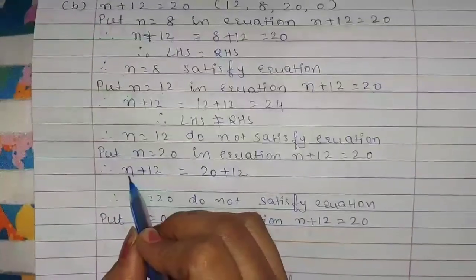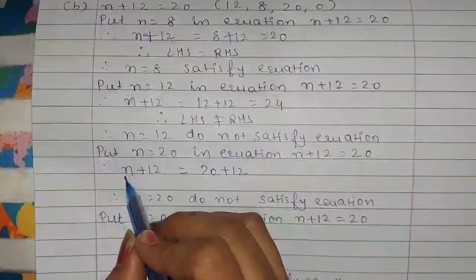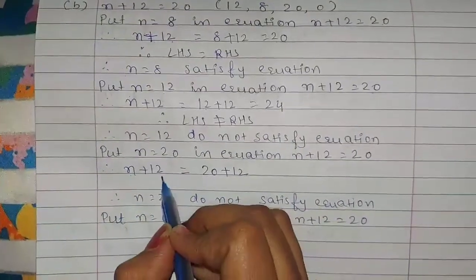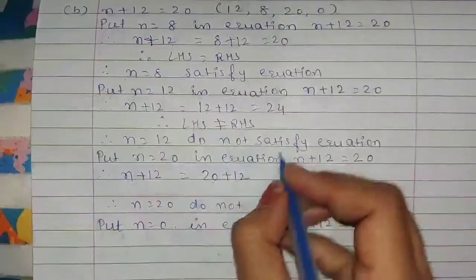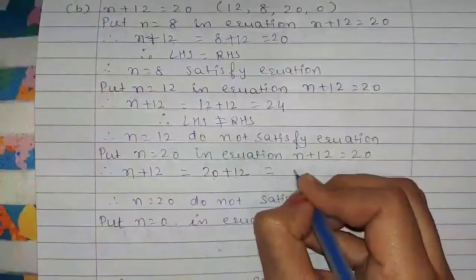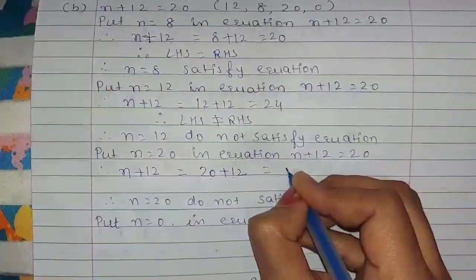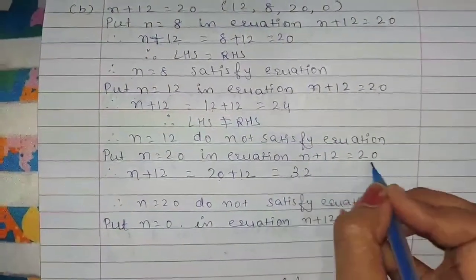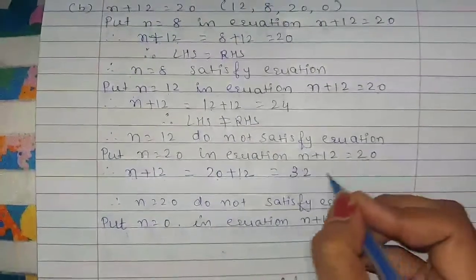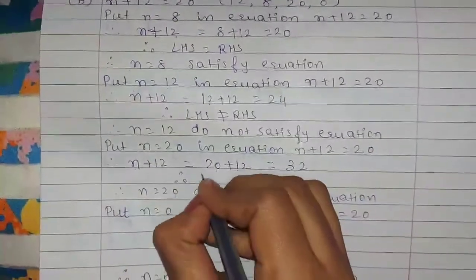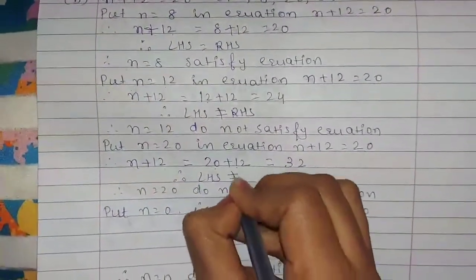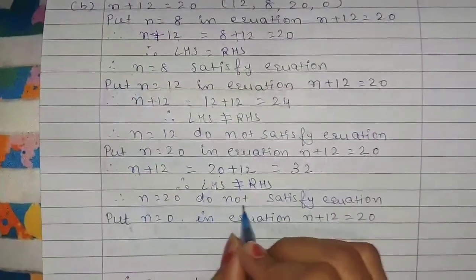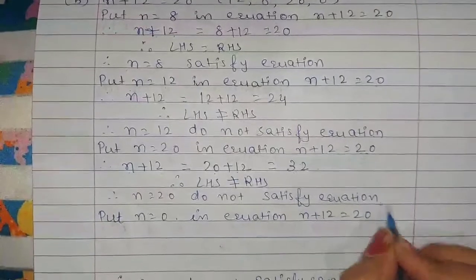Because while adding we have to put n equals to 20 in n plus 12. Therefore 20 plus 12 equals to 32. Now this 32 is LHS, 20 is RHS. So both are not equal. Therefore LHS is not equals to RHS. Therefore n equals to 20 does not satisfy the equation.